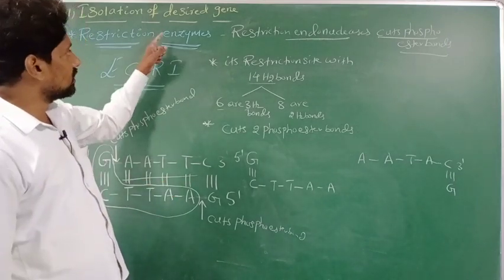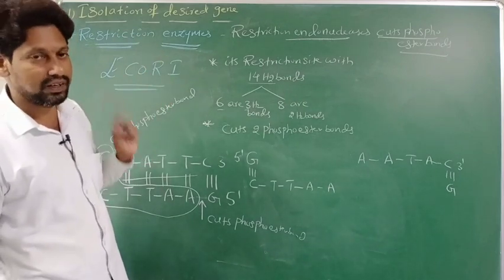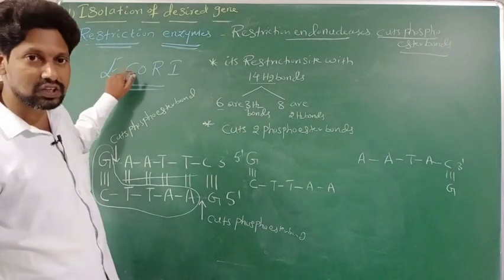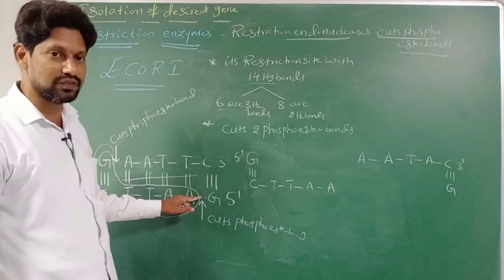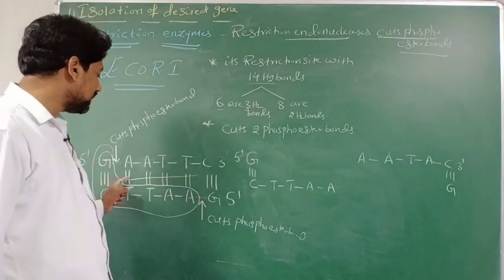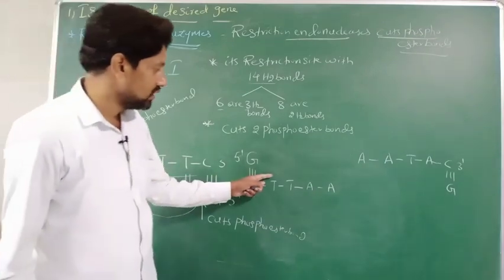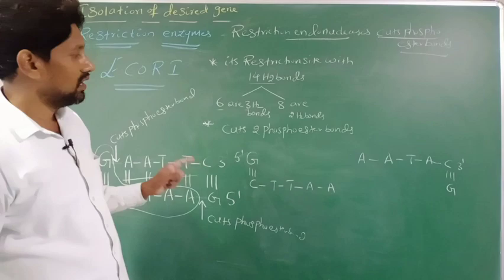Restriction endonuclease cuts phosphoester bonds, but not hydrogen bonds. When EcoRI cuts this phosphoester bond and this one, automatically these 8 hydrogen bonds are removed. That's why hydrogen bonds are not there. Clear, right?